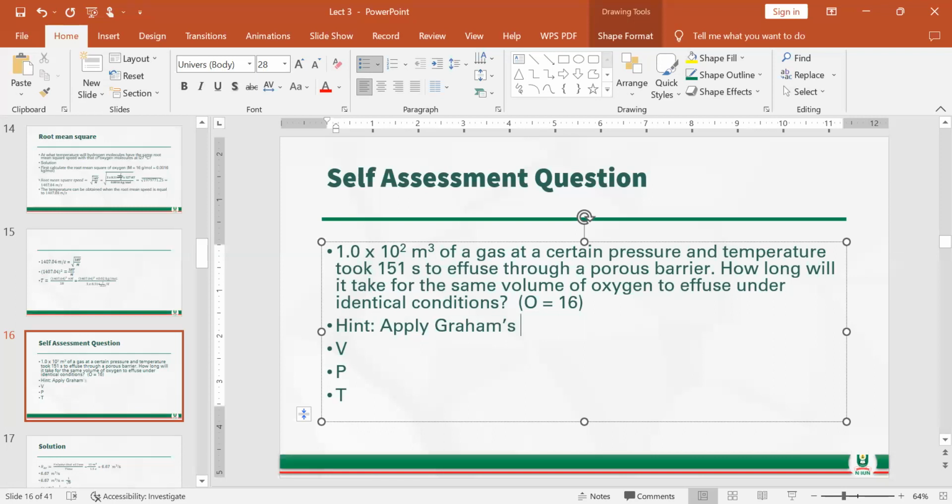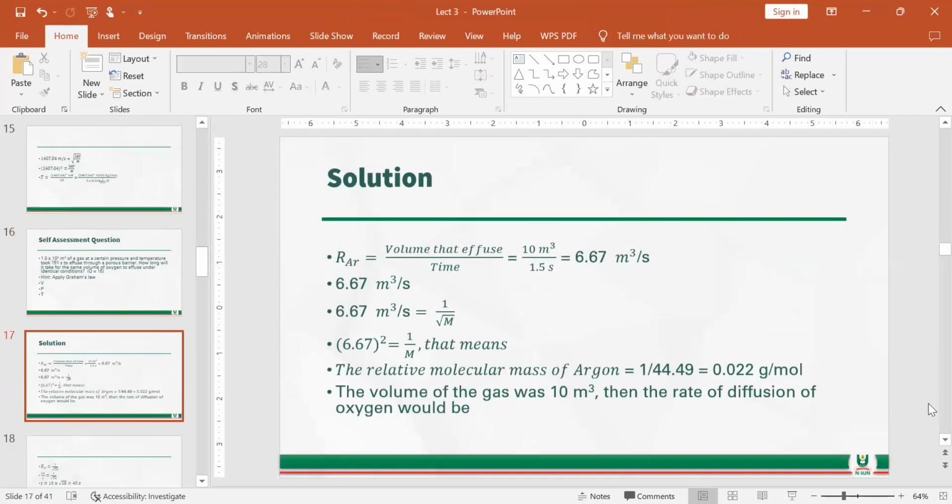Apply Graham's law. And what does the law say? It says the rate of diffusion of gases is inversely proportional to the square root of the molar mass or the vapor density. So that's what Graham's law of diffusion gives you. The rate of diffusion will be the volume of the gas that effuses over the time, and you have gotten the rate there.